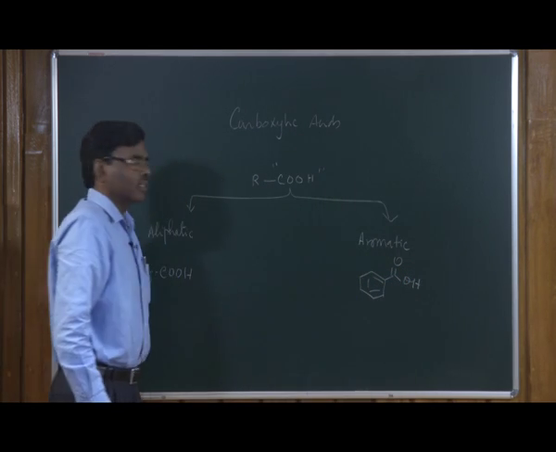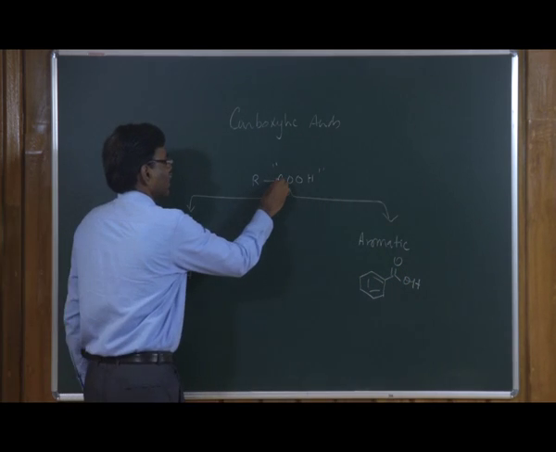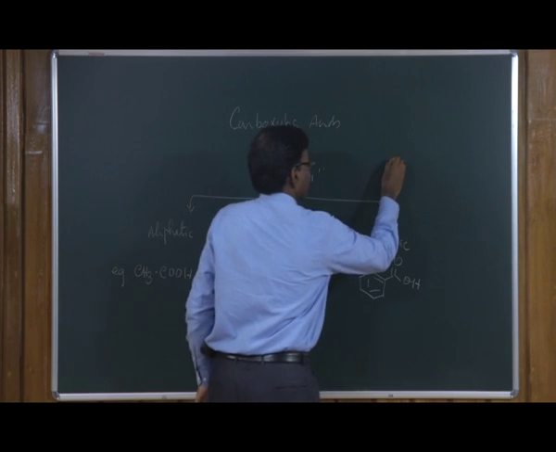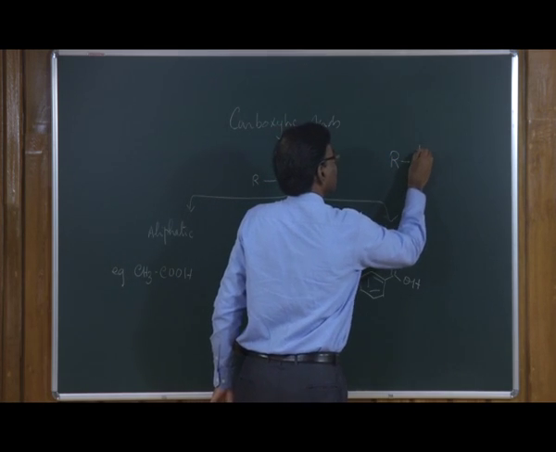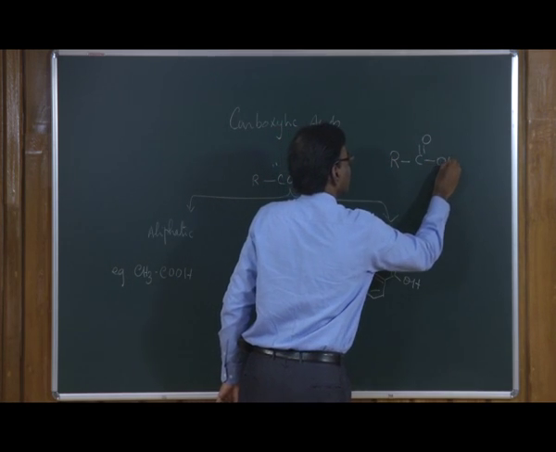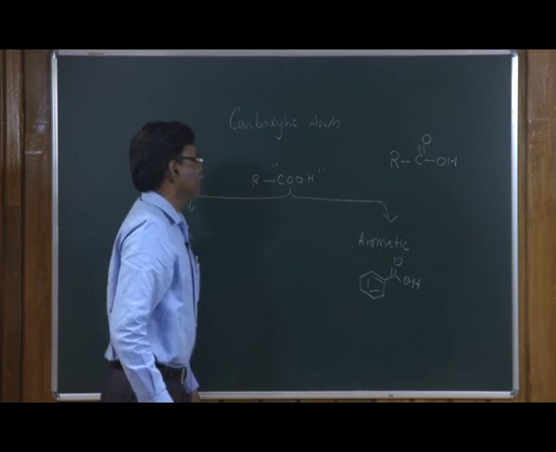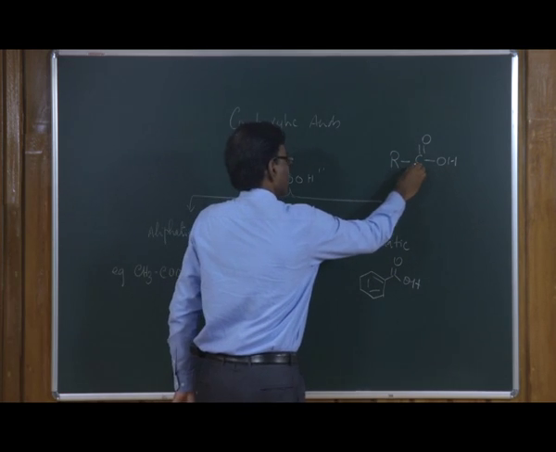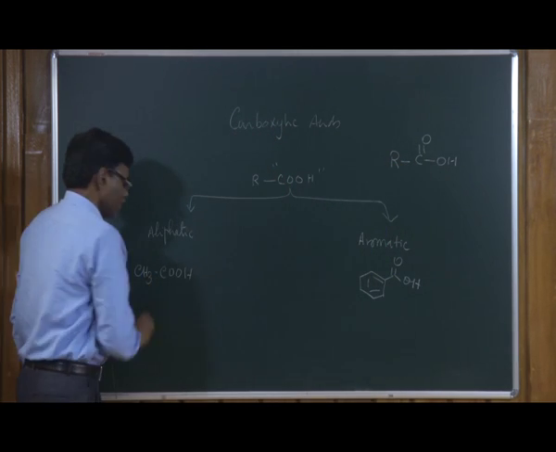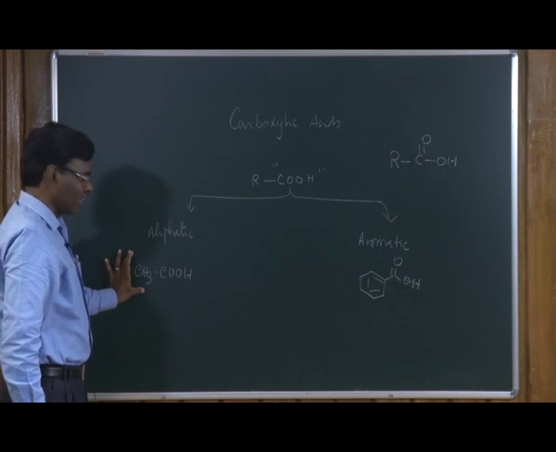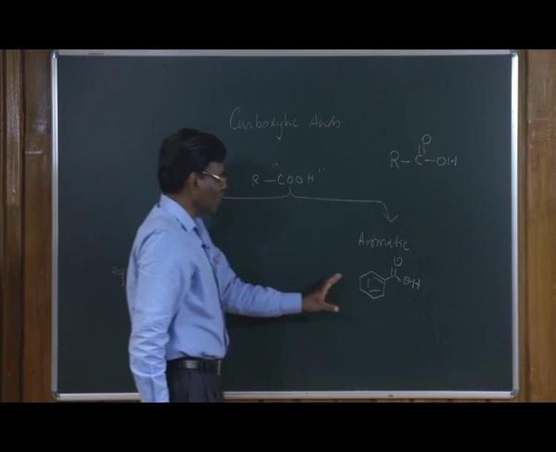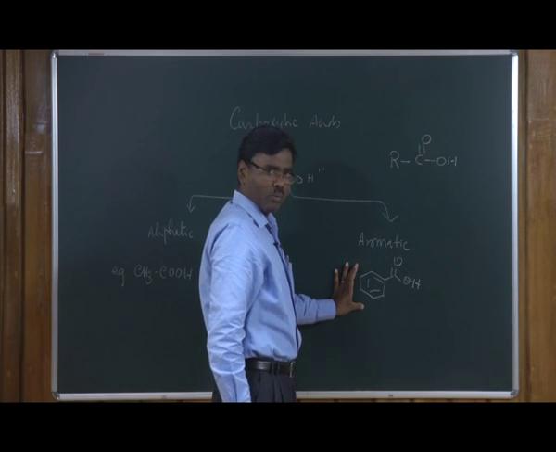If you look at it, the carboxyl carbon, we can write like this. The carboxyl carbon is bonded with an alkyl group, for example, the methyl group is an example for aliphatic. In this case, it is bonded with an aryl group, therefore it is called aromatic carboxylic acid.